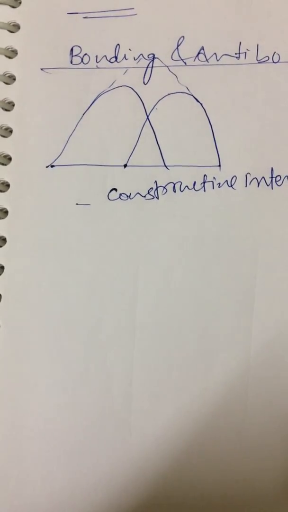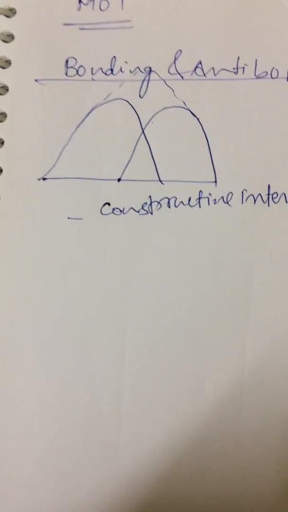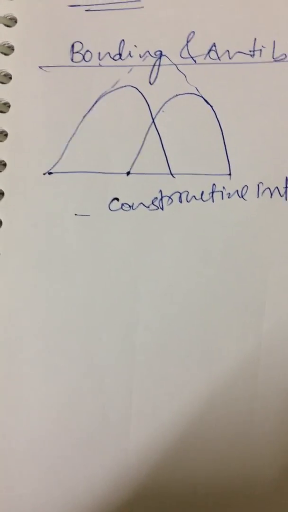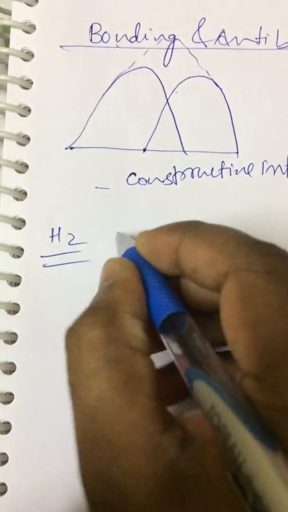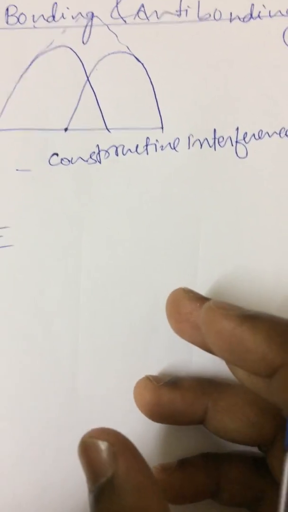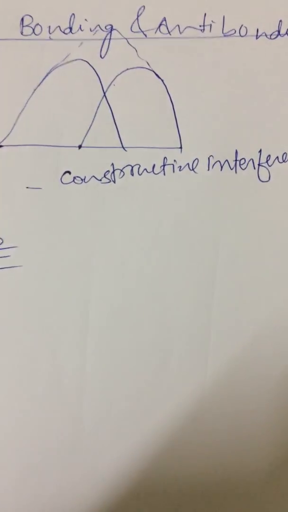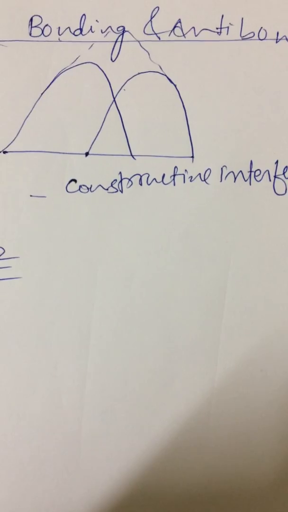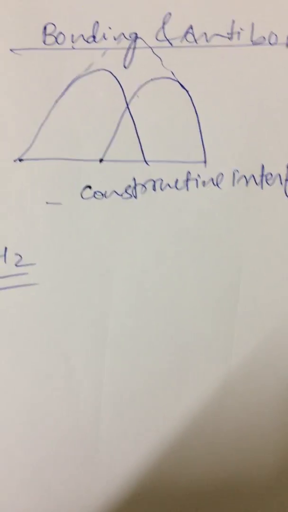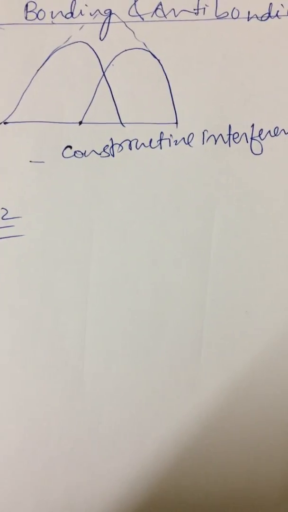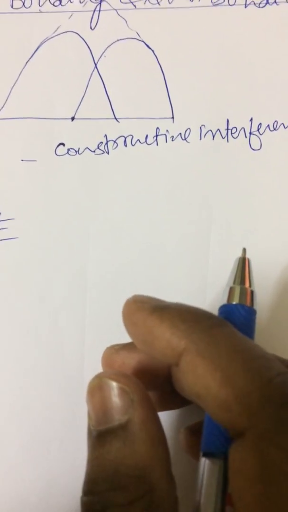Now I'm going to draw the molecular orbital energy level diagram for only the hydrogen molecule. As we said earlier, it is a linear combination of atomic orbitals of the same energy.